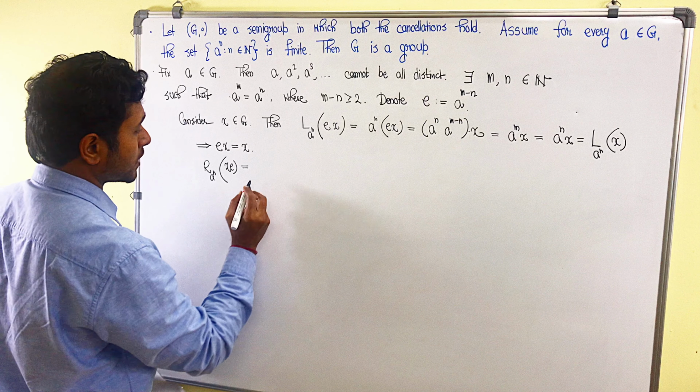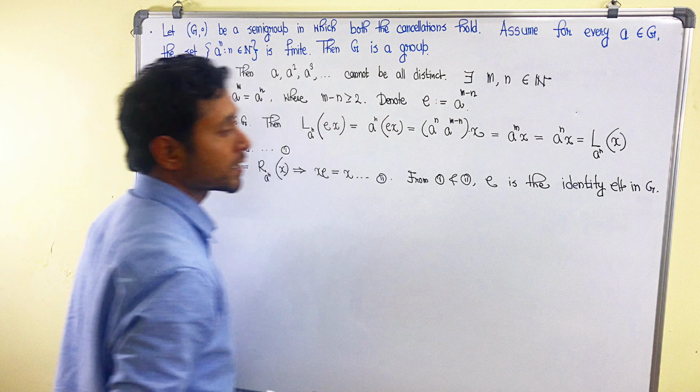Let's call it 1 and 2. So from 1 and 2, E is the identity element in the semigroup G. So it becomes a monoid now.